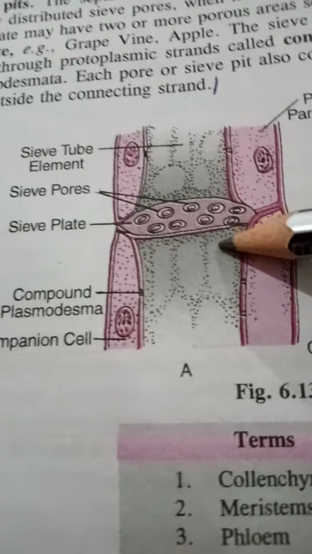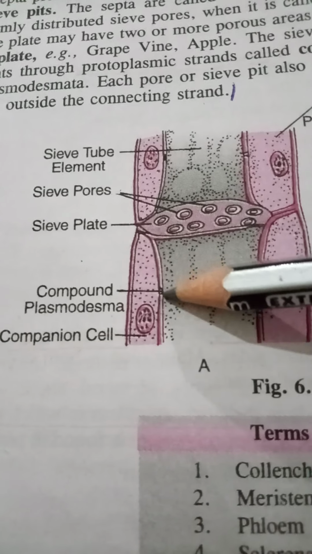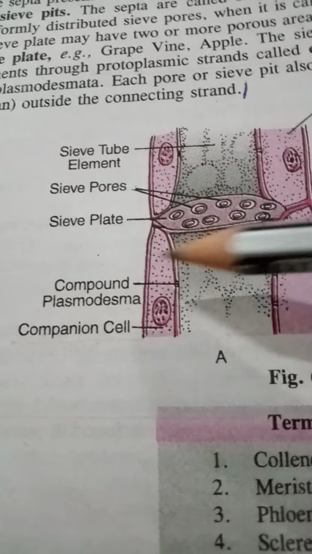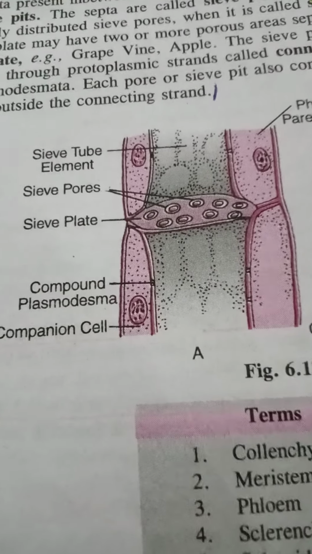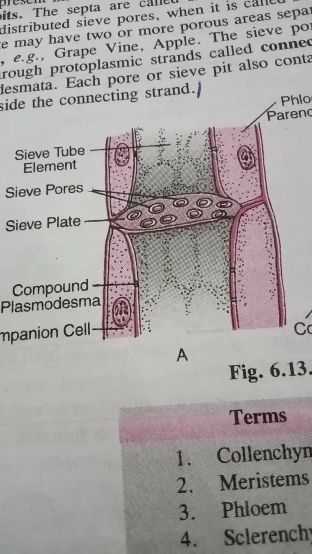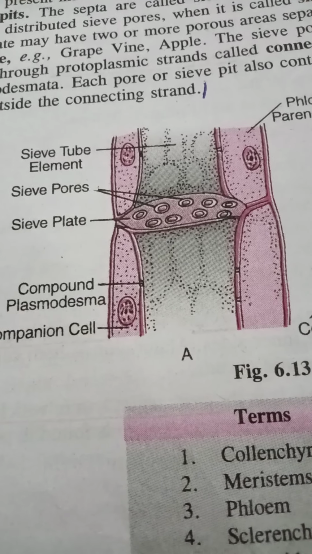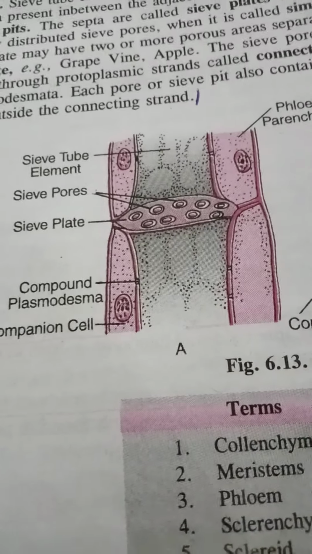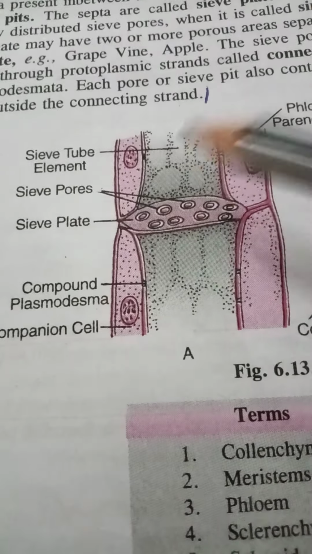Now, second is the companion cell. These are the helper cells which assist in transportation of substances. They help the sieve elements to work further. They are thin wall living cells and are associated with the sieve elements. They occur in flowering plants and develop from the same mother cell from which the sieve elements develop.